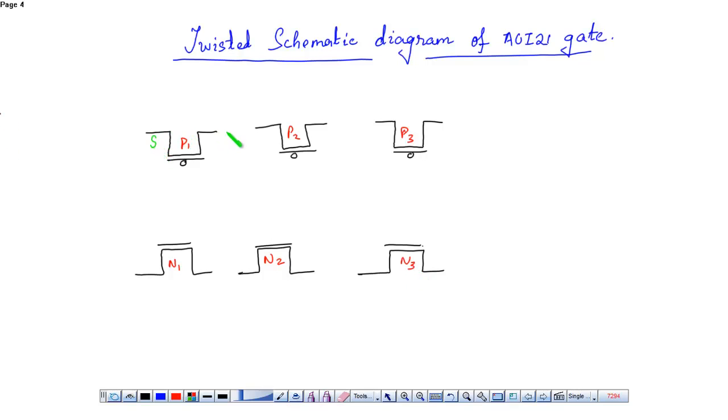This is the source, this is the drain. This is again the drain, source. This is source and we all know these are the gate terminals. This is the drain, source, drain, source, source and drain.